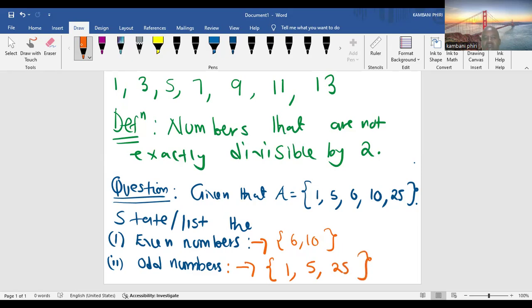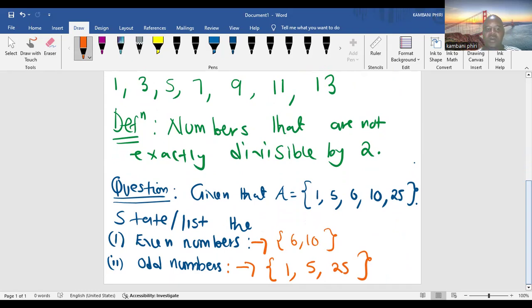Those are our odd numbers. All right. So that's what it is. I hope you're able to define these things and really appreciate what they mean.